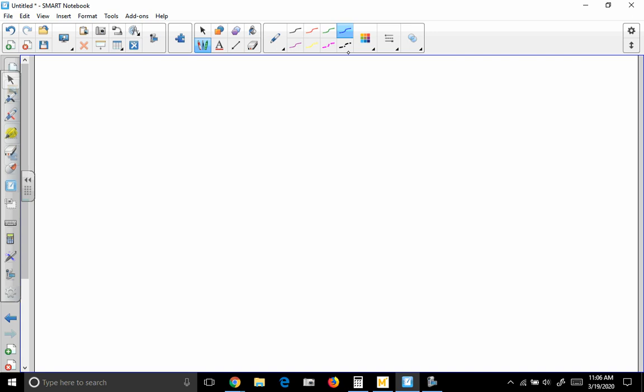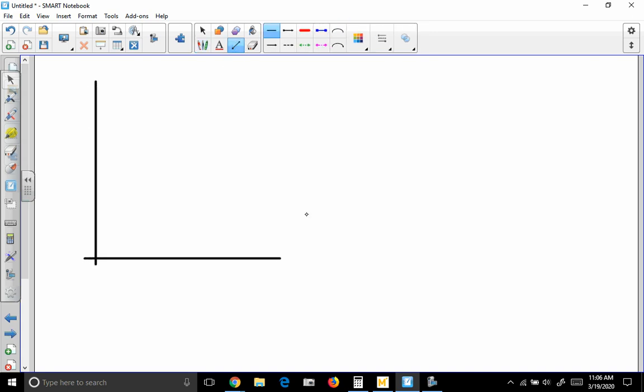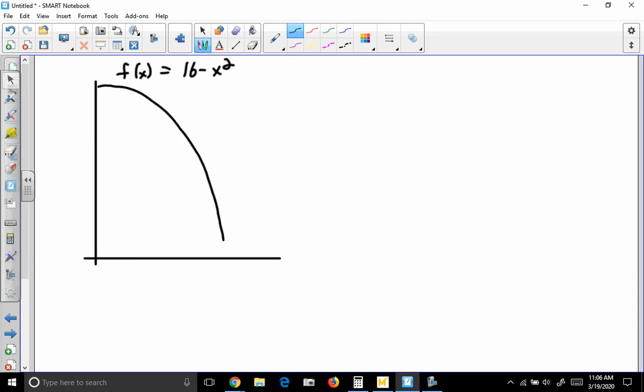So let's just do the one that we've already been looking at. Let's do f of x is 16 minus x squared, and our interval is going to go from 0 to 4. And we want to look at the area underneath there.